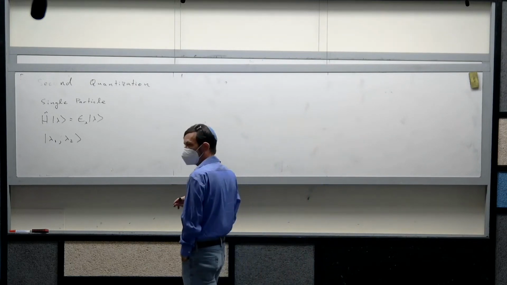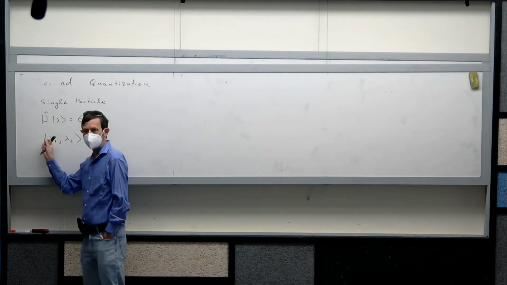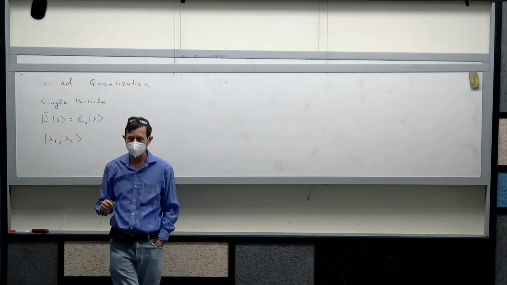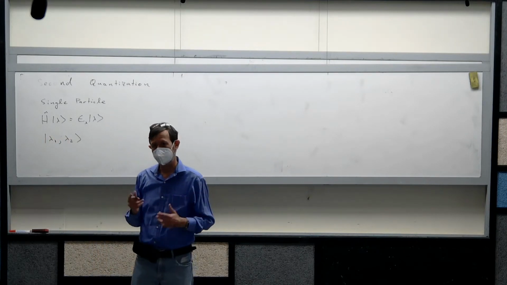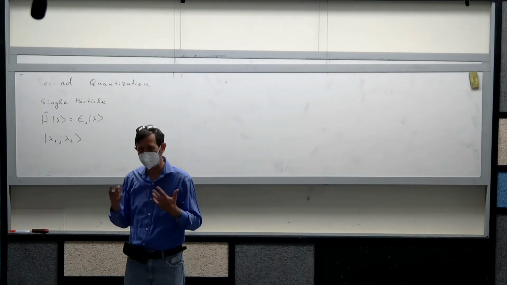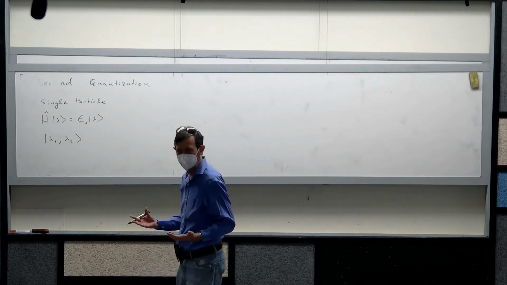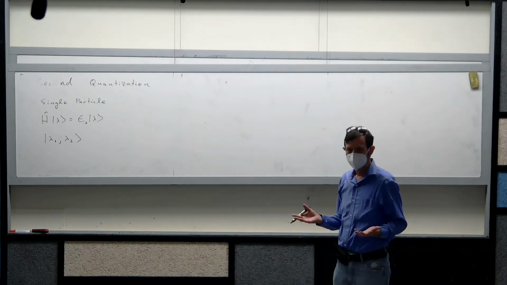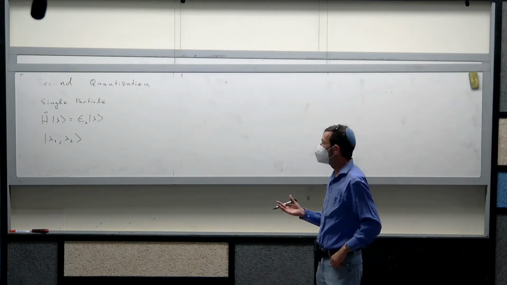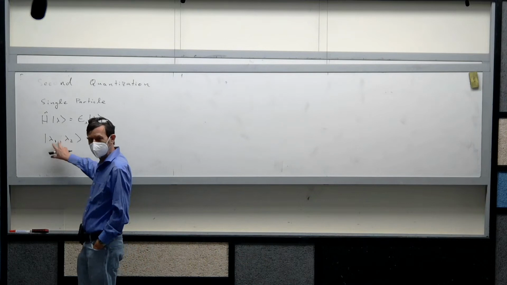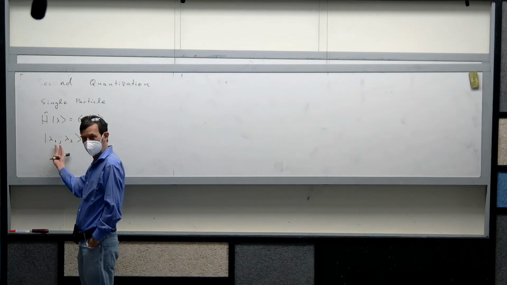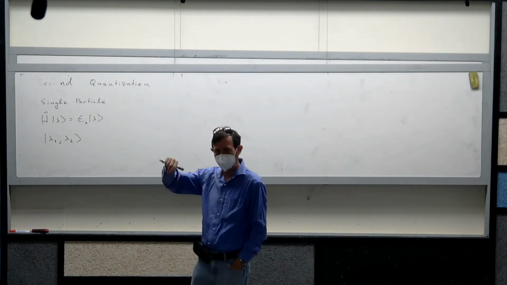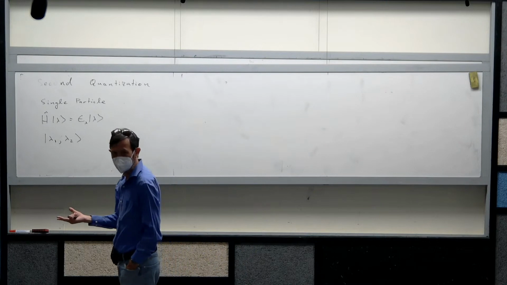And the problem is this statement of particle 1 is in lambda 1 and particle 2 is in lambda 2. I can't state it because I don't know who's particle 1 and who is particle 2. Therefore, I basically have to write something that will look exactly the same for the opposite case: particle 1 in state lambda 2 and particle 2 in state lambda 1.